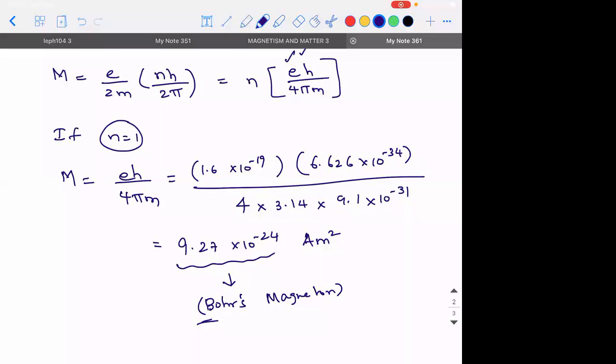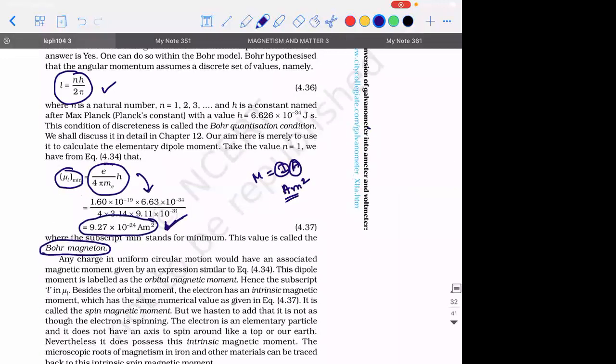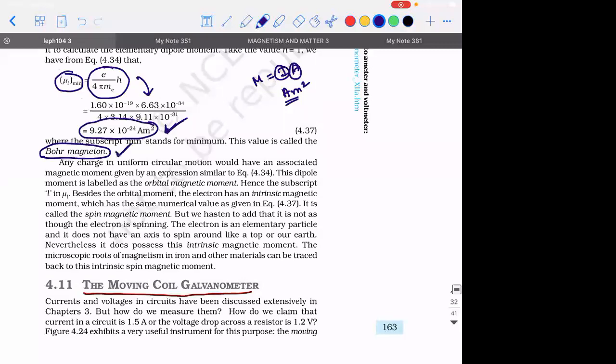Depending on the orbit in which the electron is present, you can just multiply this value with the number. So this is called Bohr's magneton.